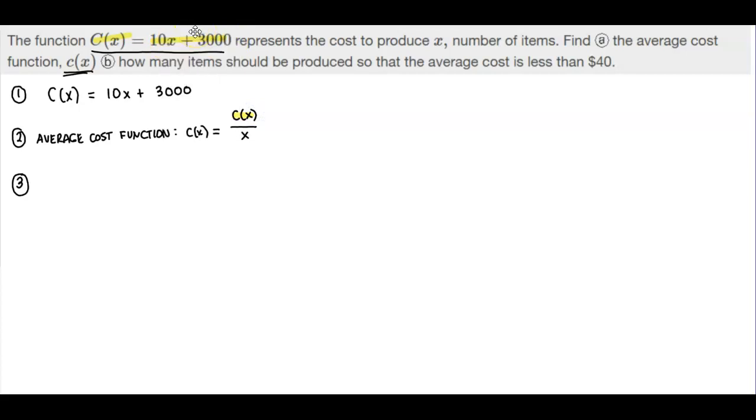So we then know that c(x) is going to equal (10x plus 3,000) divided by x. Now we can say that this represents the average cost function.